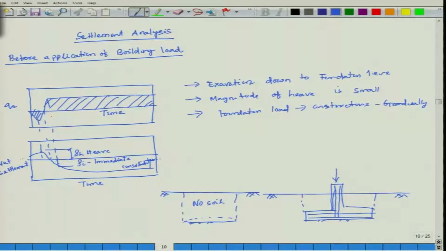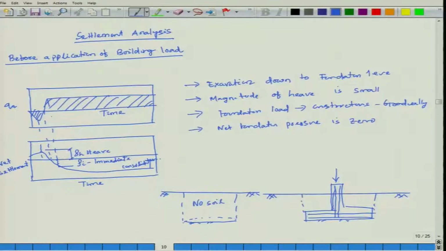Once you apply the foundation pressure, this becomes 0, it is countered, so that net settlement becomes 0, or the net foundation pressure is 0. Afterwards there is further increase in load.